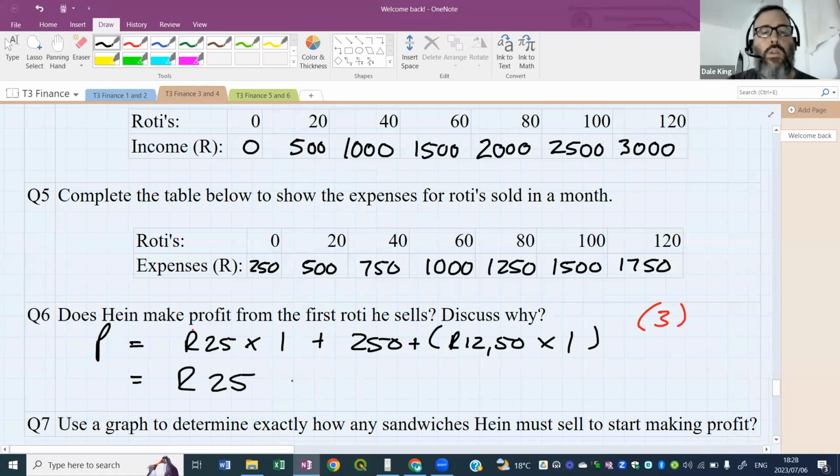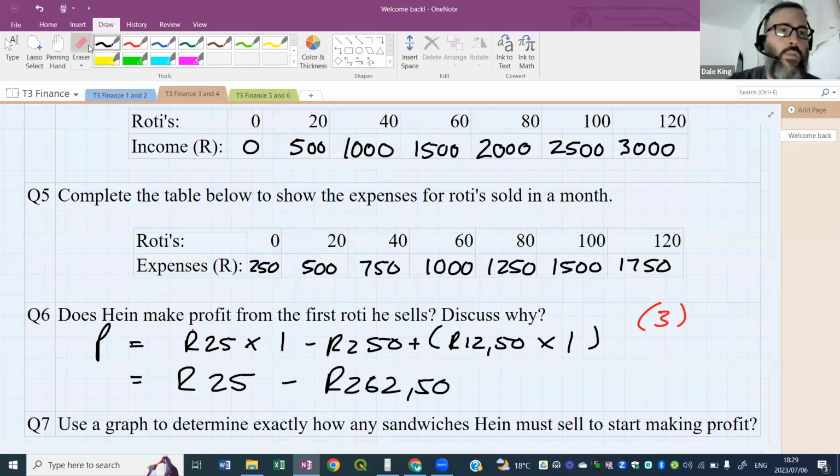What did you get for the expenses? 262.50. 262.50. All right. So minus 262.50. Orabile, thank you so much. Brilliant work. That's fantastic. Good job.